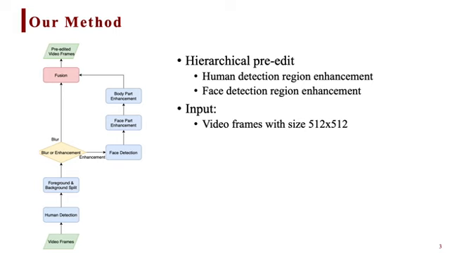To be noted, those enhancements are based on different methods. In the end, we fuse the two splits together, and we get the pre-edited video frames. The input size of our method is video frames of 512 multiplied by 512.